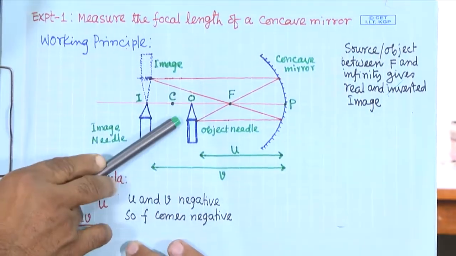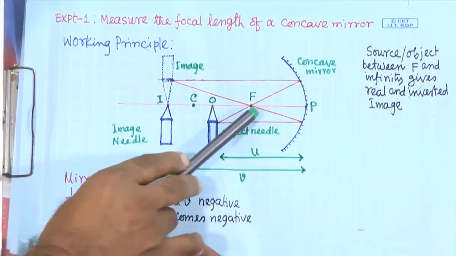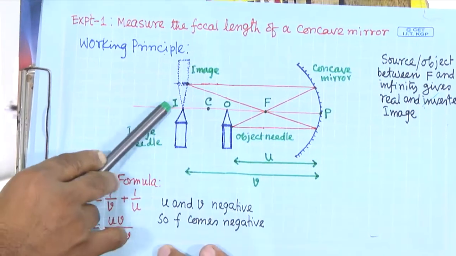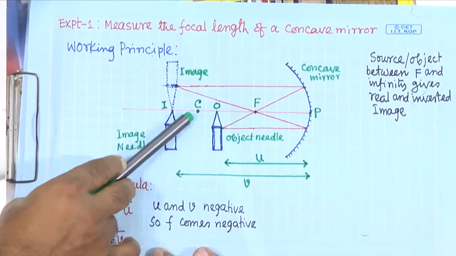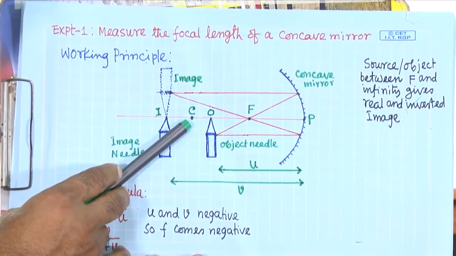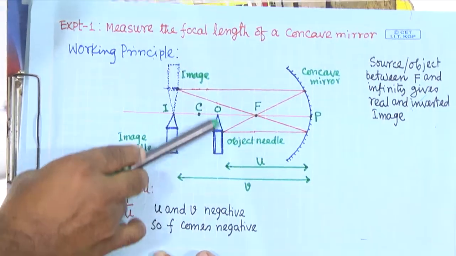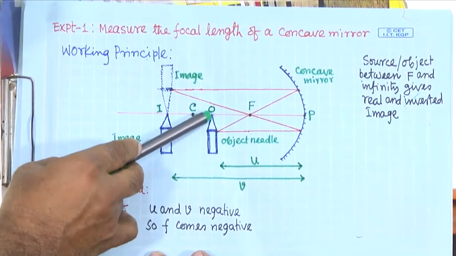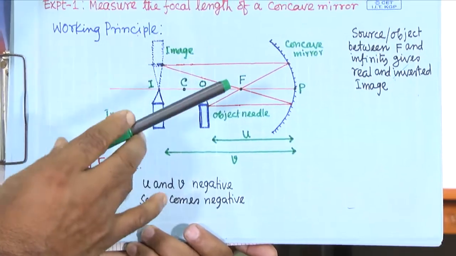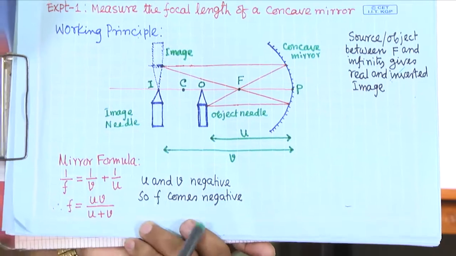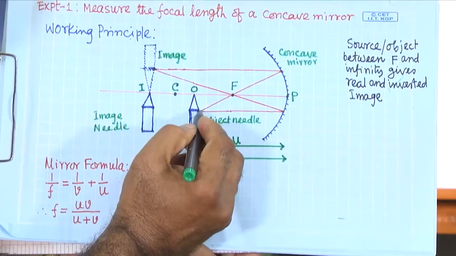Okay. So, here if we put the object needle between f and 2f distance, between f and 2f distance. Okay. So, for this object position, say O, now let us use the ray diagram. So, light is coming from this point.